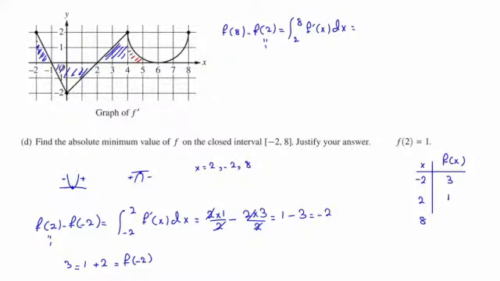The red area is this part plus this part. So the area of the blue part is 2 times 2 over 2, plus the area of the red part.